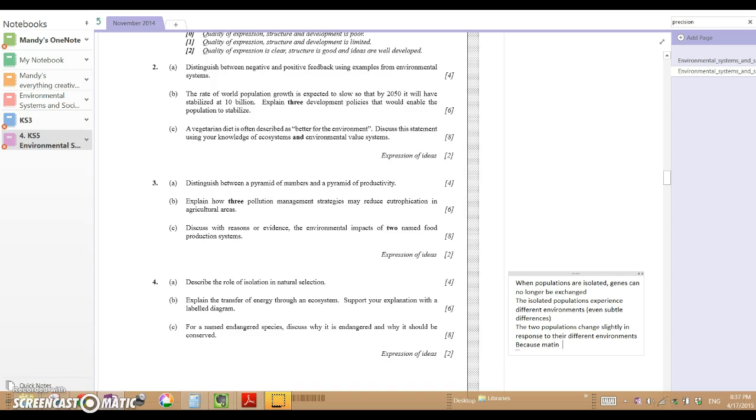because mating cannot occur, the adaptations in one population are not transferred to the other population.